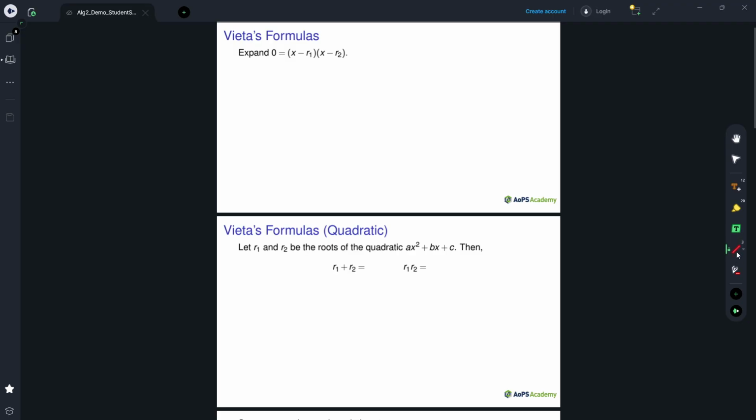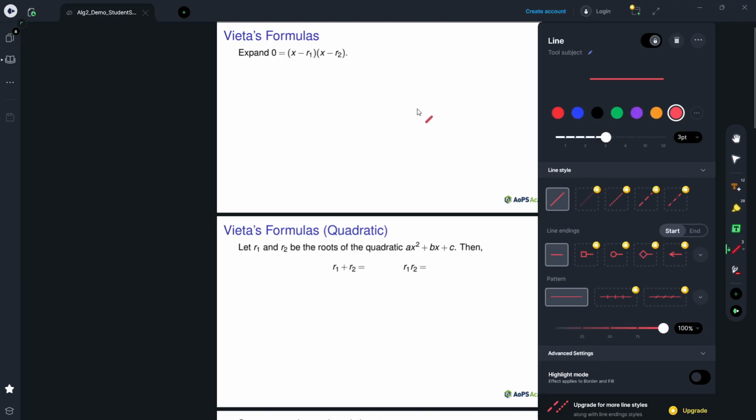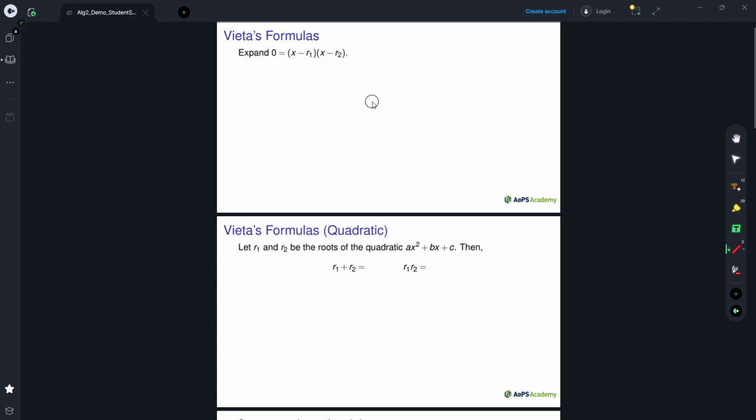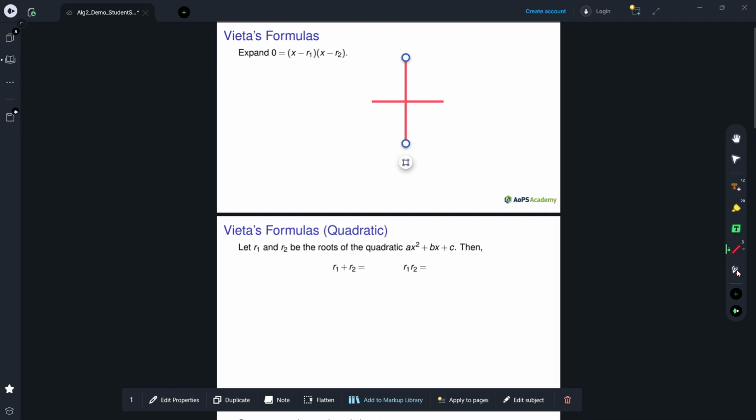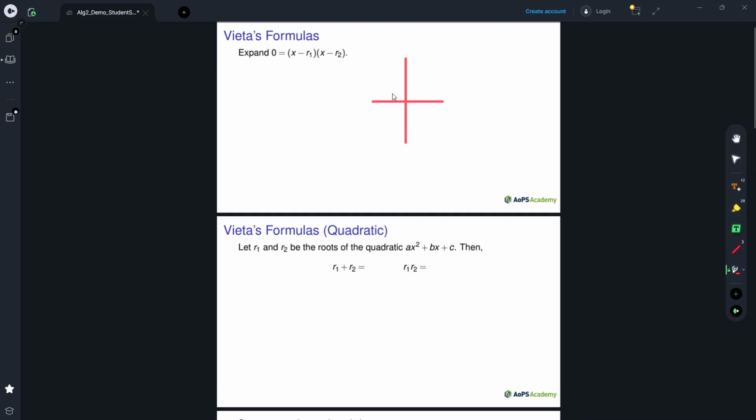Let's see. Text highlighter, text highlight, line. So if I have this is my graph here, right? And then I have a quadratic equation.